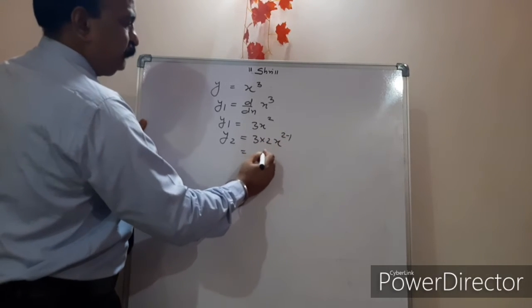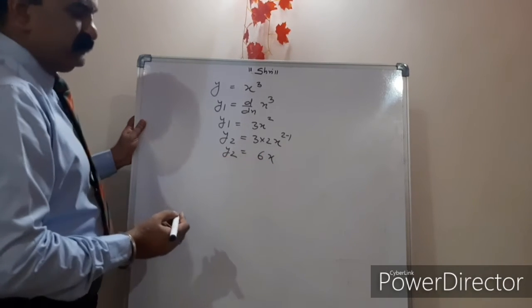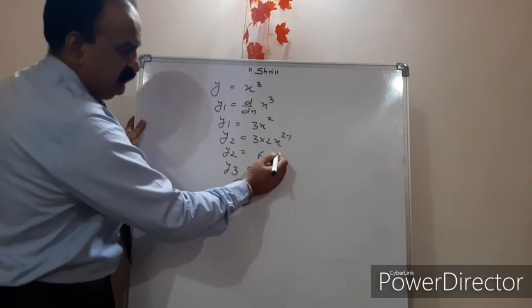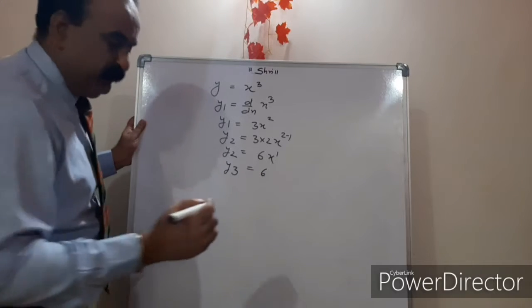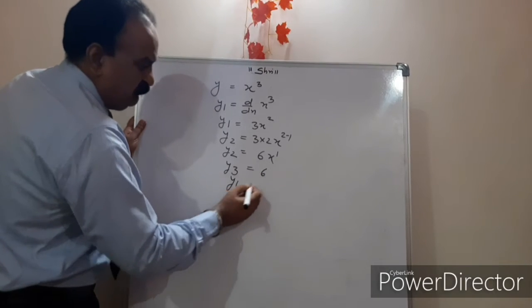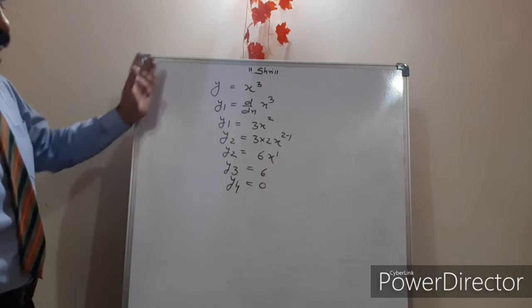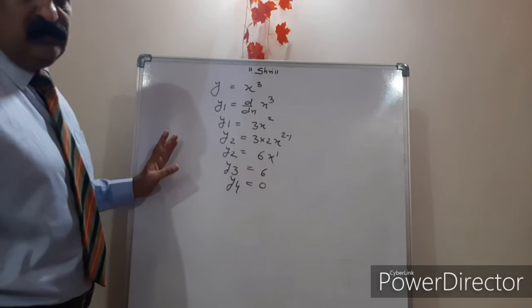It means 6x. So y2 is equal to 6x. Third differential coefficient y3, its power is 1. It means y3 is equal to 6. And the fourth differential coefficient y4, because this is the constant term, is equal to 0. The differential coefficient of a constant term is always 0.